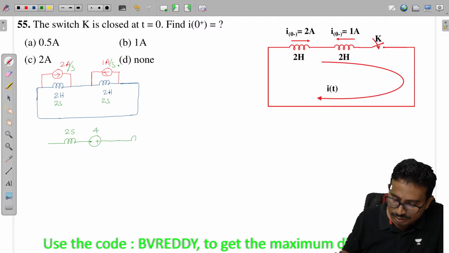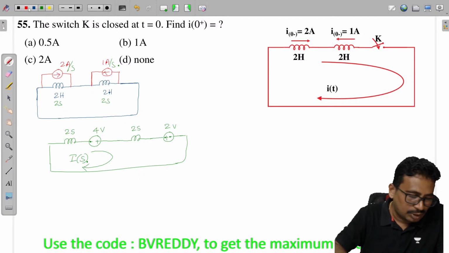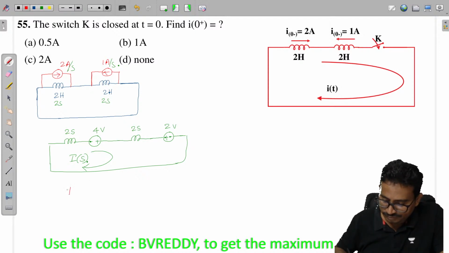Next, the other inductor, which is 2S, and this is positive, this is negative, which is given as 2 volts, isn't it? Now let's find the current. This current is now I of S. Can you tell me I of S here?